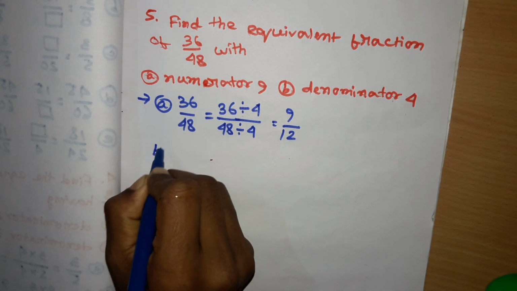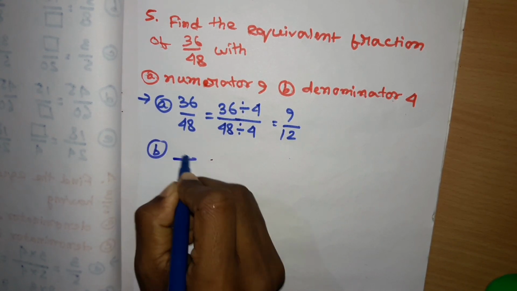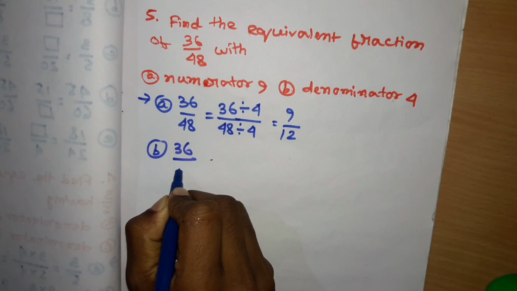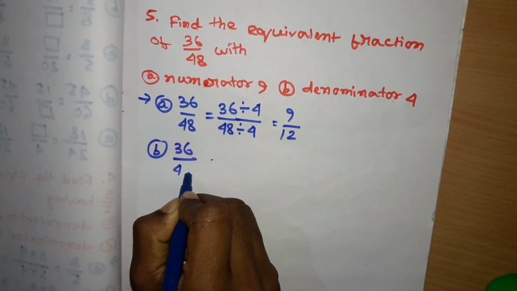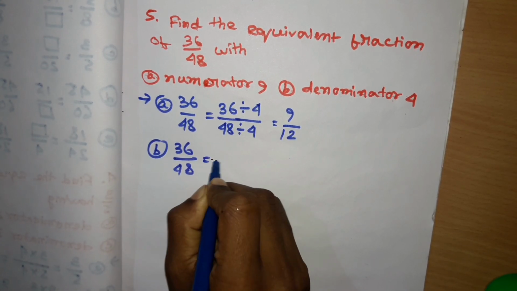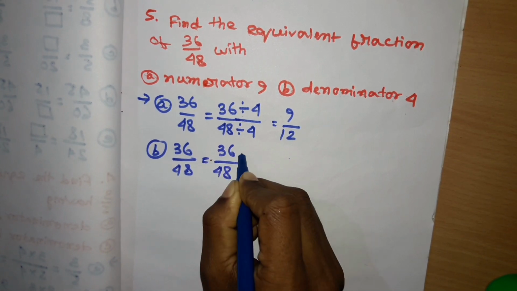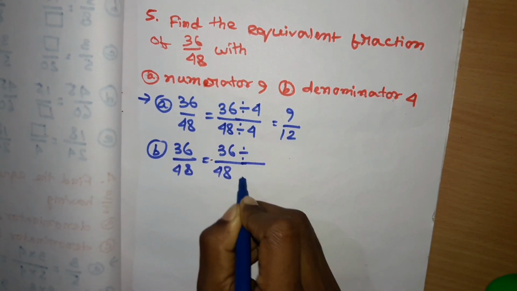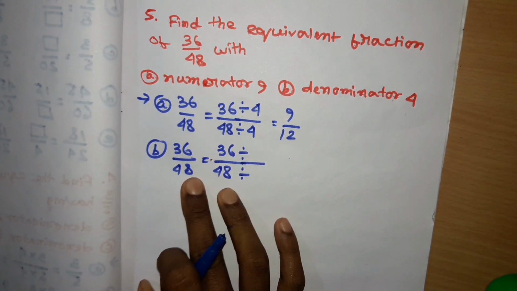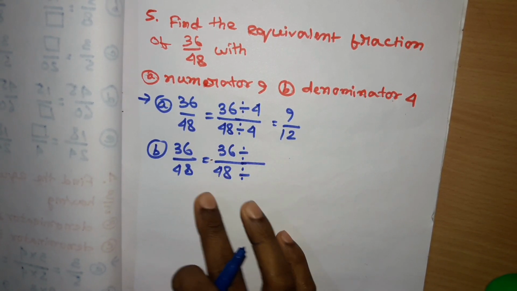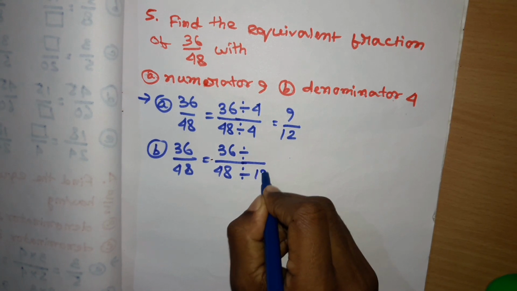So 9 by 12 is the equivalent fraction of 36 by 48 having numerator 9. Now we are doing number B. We want denominator 4. To get 4, we write the division sign. That is very easy. We have to divide 48 by 12.